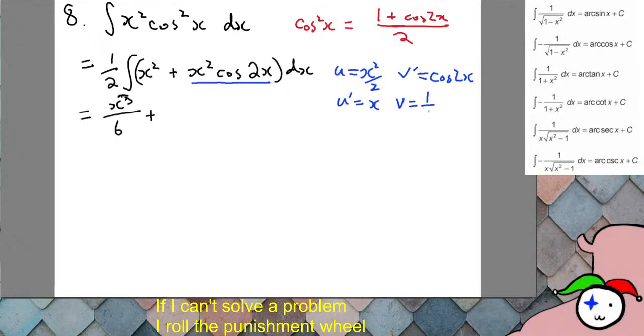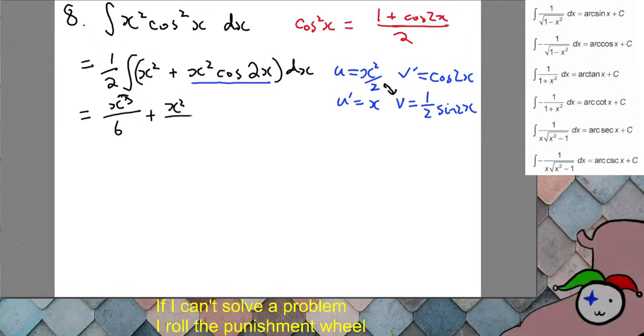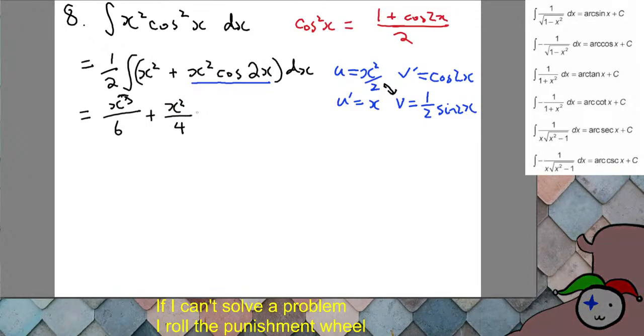So half of sine 2x. So that gives you, again, uv, we do the diagonal first, which is x squared over 4 sine 2x.